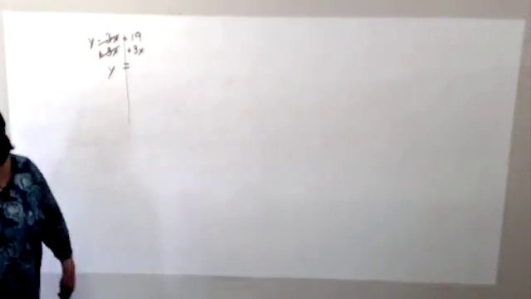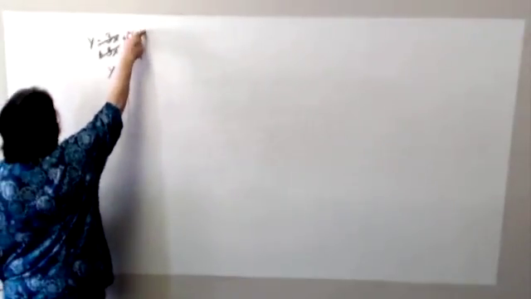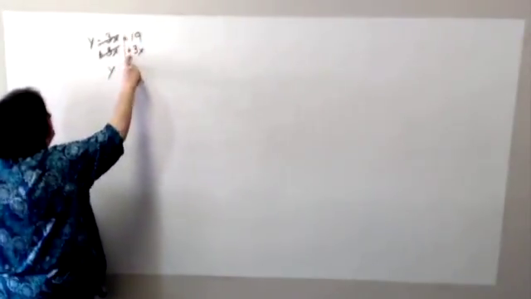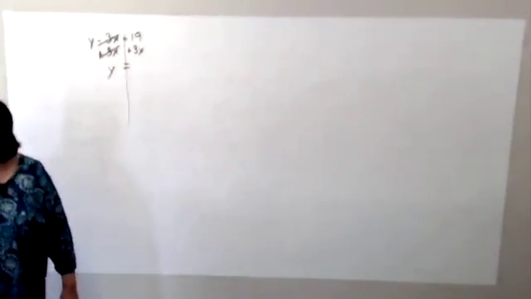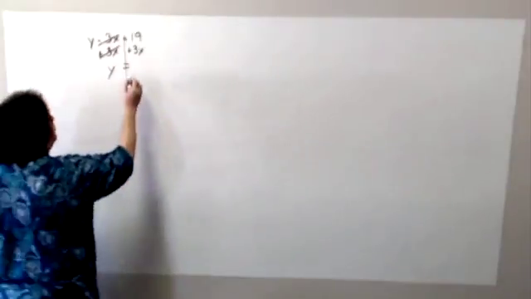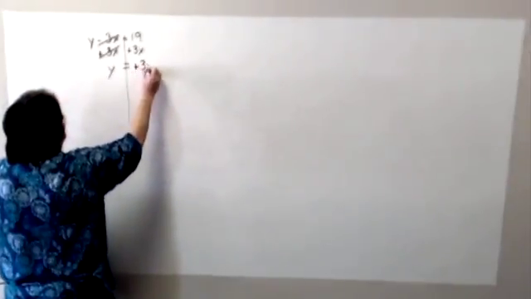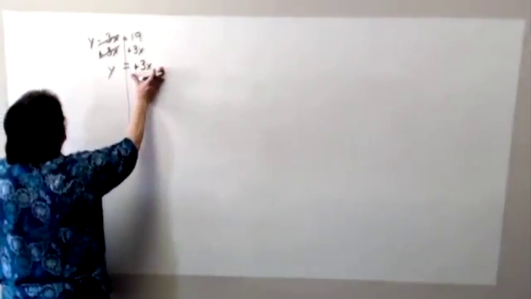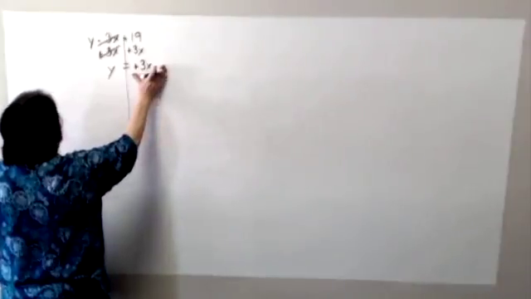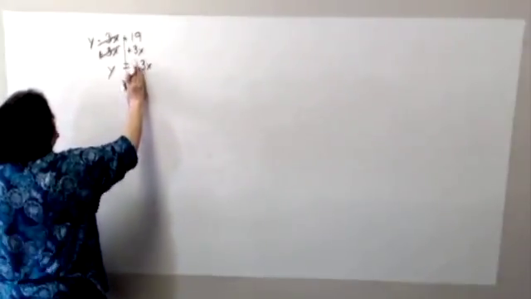Now, on the other side, I have to write my x term first, then my constant. I have a plus in front of my 3x because it's positive. I was adding 3x to both sides. But when I write the first term of the equation on this side, I don't need the plus sign, do I?